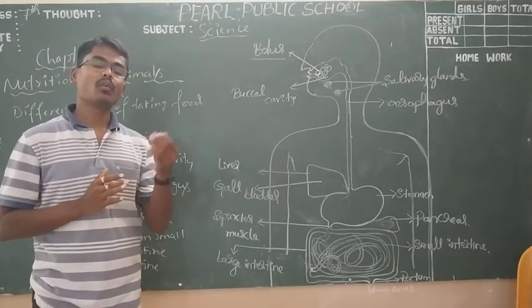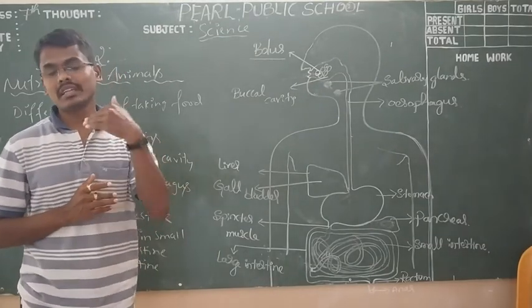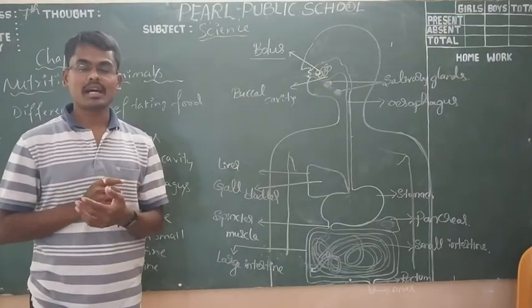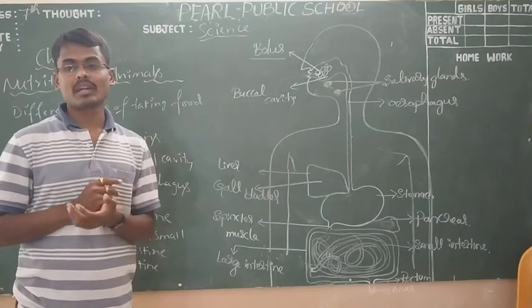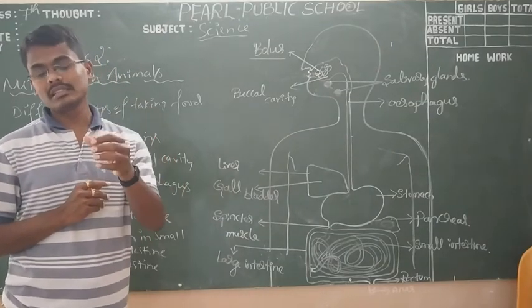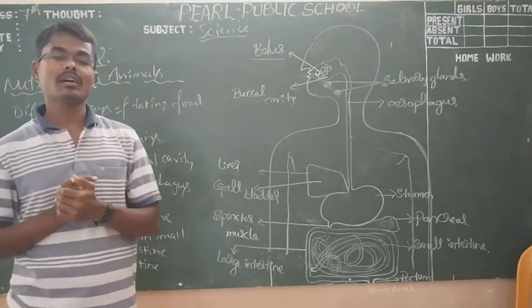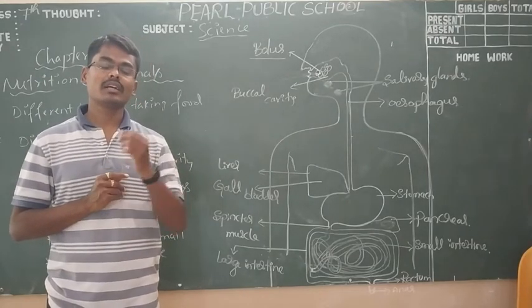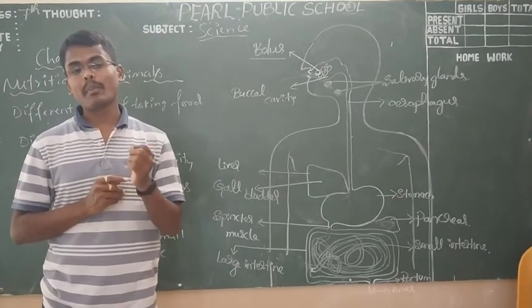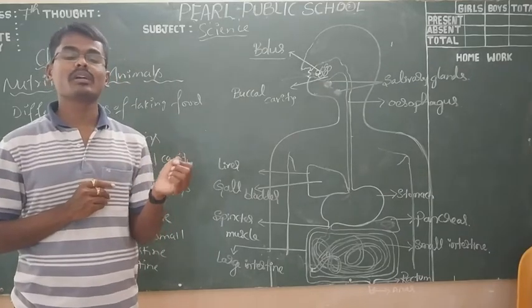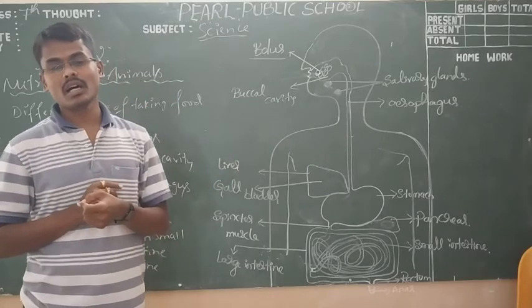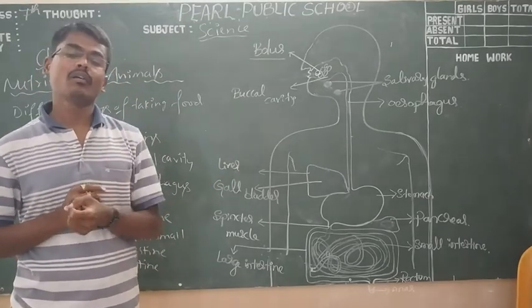Once the food enters into the stomach, these juices and acids, nothing but hydrochloric acid, are released inside the stomach, and the hydrochloric acid starts to kill the bacteria or any kind of foreign bodies or foreign organisms that enter the stomach through the food.